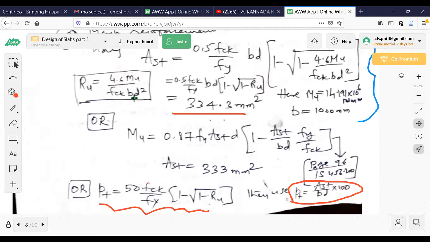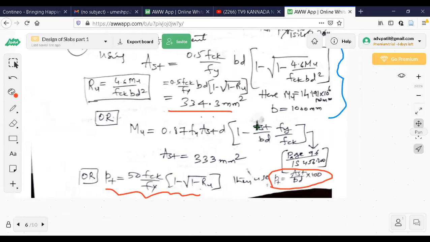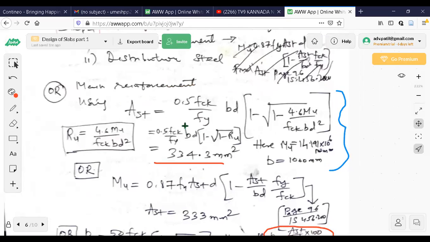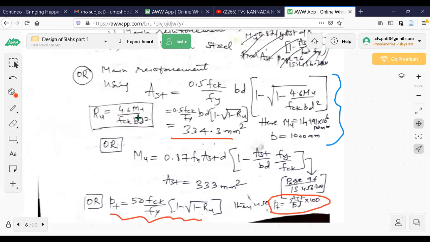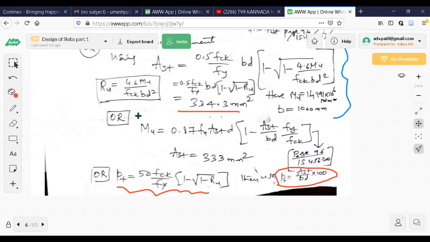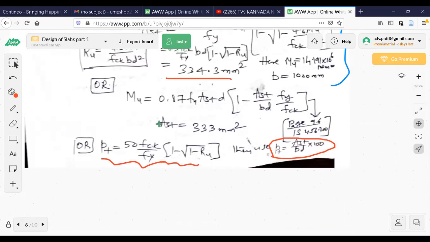In the very rare case that the SP book is not allowed, which is not going to happen, at least try to remember any one of these formulas. And if you forget everything, go to page number 96 and substitute everything in it. It becomes a quadratic equation in Ast. Find Ast from that. Best is, as I told you, in order to attempt all questions, SP16 is the best.